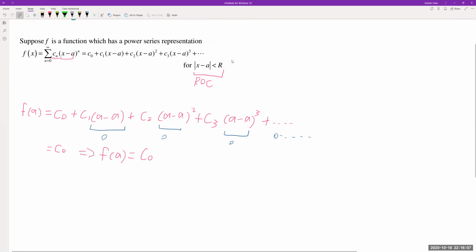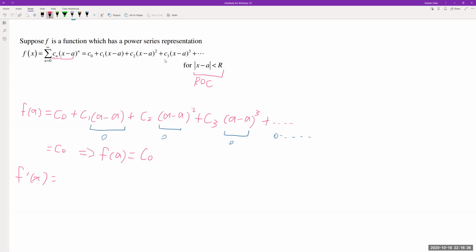Next, let's take the derivative. Let's say I have f of x and I want to find f prime of x. For f prime of x, we just take the derivative of the original expression on the right, a bunch of terms for the power series. When we take the derivative, c0 will become 0.